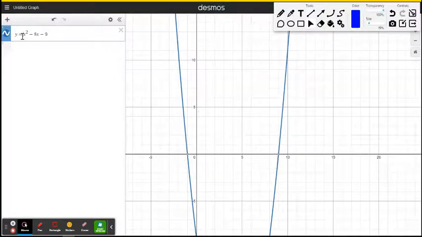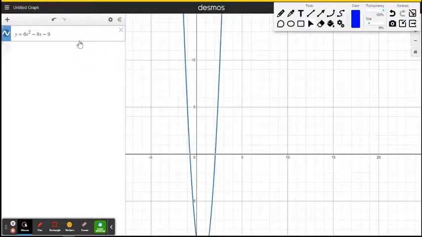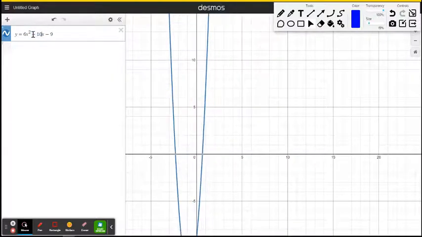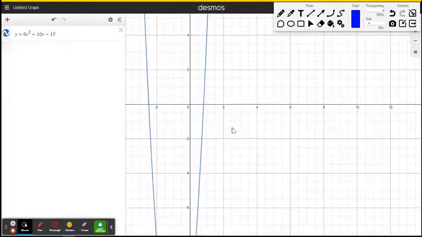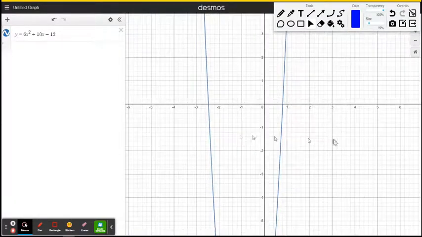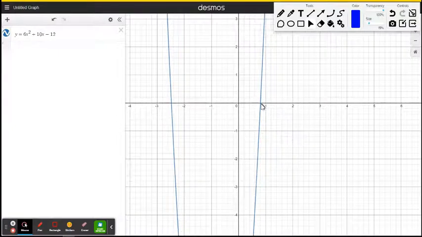Maybe your leading coefficient is something different, like say 6x squared plus 10x minus 12, for example. It's more complicated, right? Okay, so as you can see here, you can still see the answer. It's not a very nice number, but you can still see where it is.